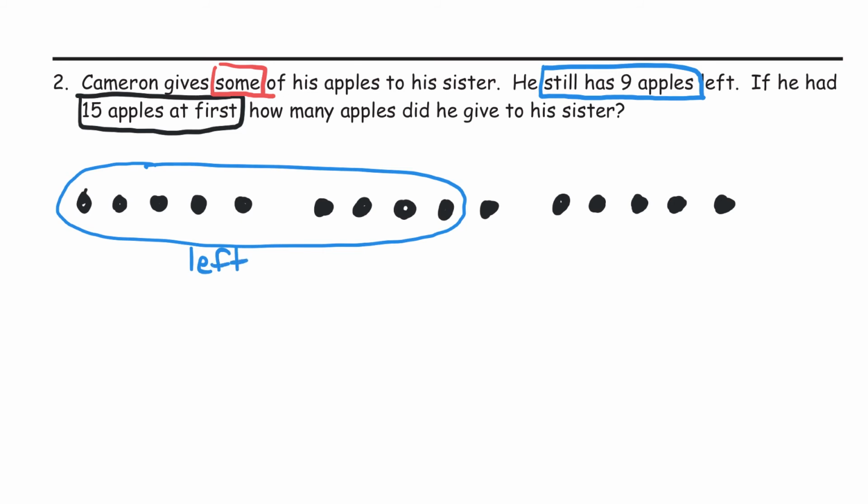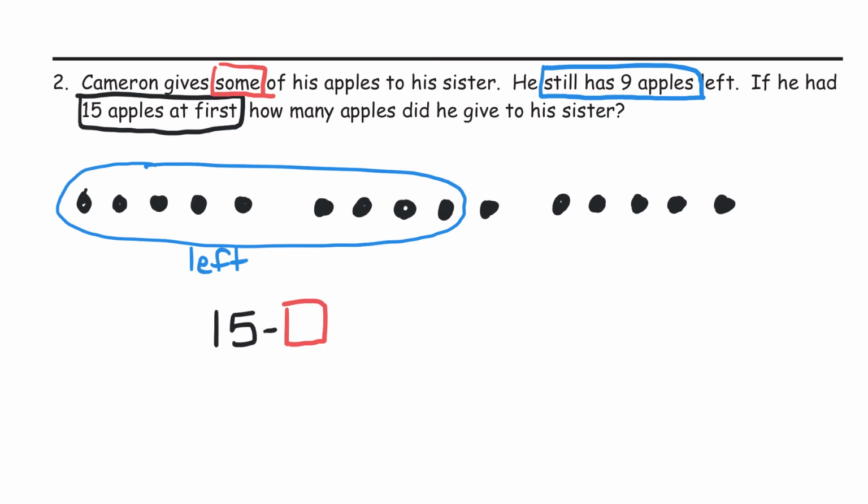And I'm also going to start us out with our number sentence too. So our subtraction sentence, because we're going to use subtraction because he gave some to his sister. So he had 15 at first, and then he gave some to his sister, and that's our mystery number.